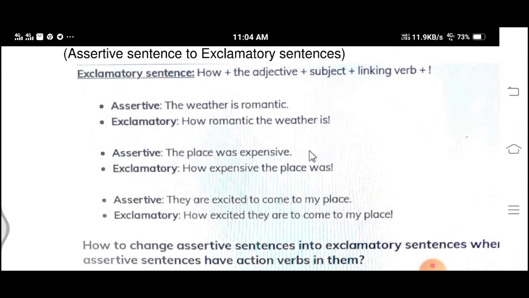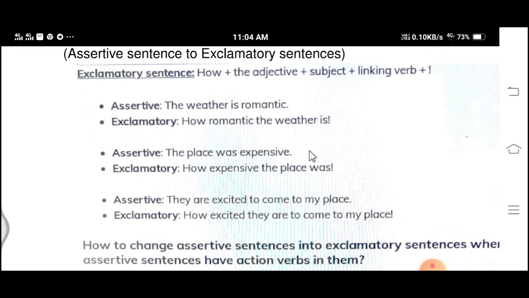So at first you have to look at the assertive sentence, what kind of idea and thought has been expressed in it. According to that sense, idea and reaction, you have to choose the particular word. As you know, in transformation you just change the structure of a sentence without changing the real meaning of the sentence.